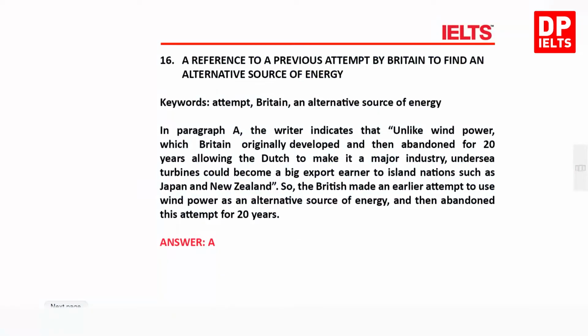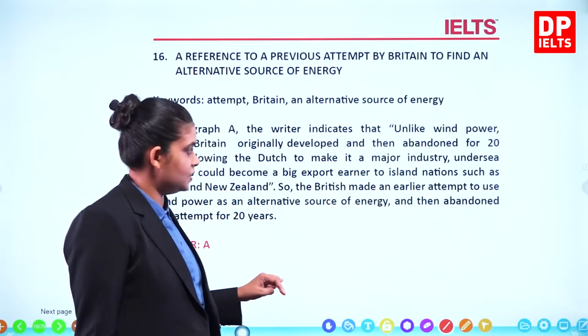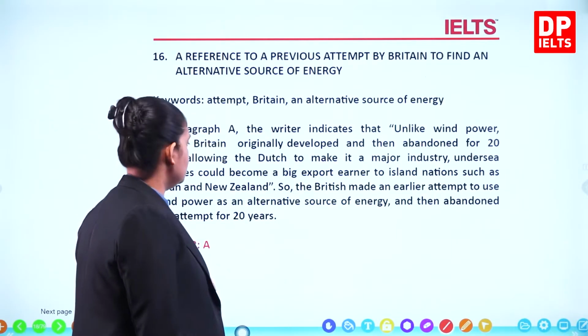So, a reference to a previous attempt by Britain to find an alternative source of energy. Go to para A, where the writer indicates, unlike wind power, which Britain originally developed and then abandoned for 20 years, allowing the Dutch to make it a major industry, undersea turbines could become a big export earner to island nations such as Japan and New Zealand.